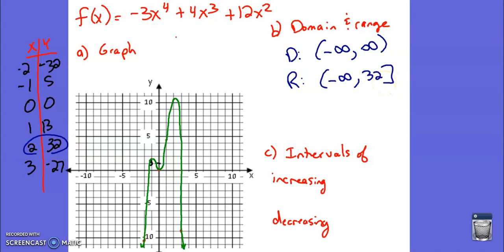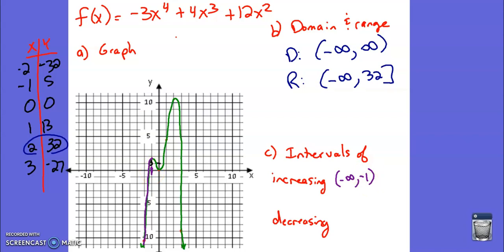All right, now the intervals of increasing and decreasing. So if you notice, we always start on the left-hand side. So it's increasing, increasing, increasing until it gets to -1. So I know it increases from negative infinity all the way till it gets to -1, again on the X line, at X is -1.